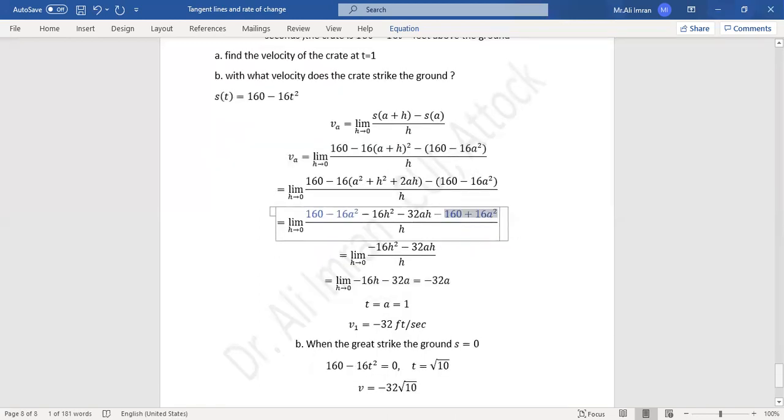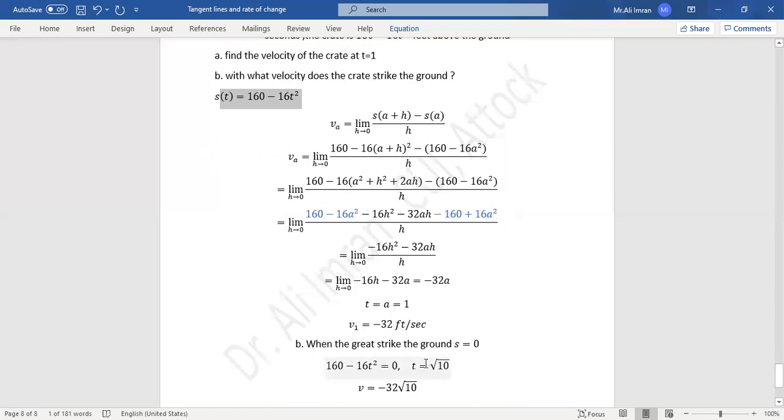Second, we have to find what velocity the crate strikes the ground. When the crate strikes the ground, its distance from the ground will be equal to 0. Here s is the distance. Put s is equal to 0 in this equation. We can find the value of t. 160 minus 16t square is equal to 0. t is equal to square root of 10.